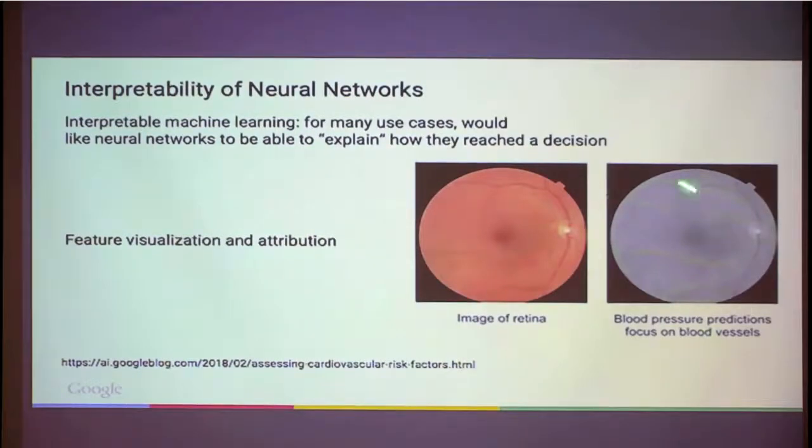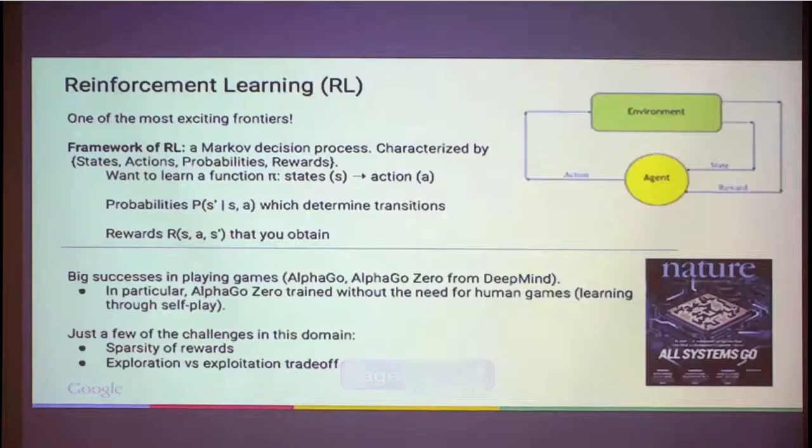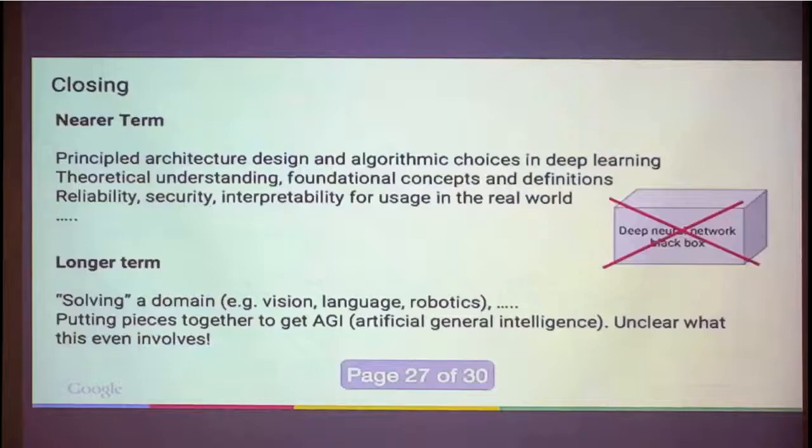The green areas are where the network looks when it wants to draw some conclusion about blood pressure, and it's focusing on the blood vessels. But this is an example of a case that works. A lot of cases in practice for attribution and interpretability don't work that well. There's also reinforcement learning, which would be a whole talk in itself, so I won't go into that, and I'll just leave that up there.